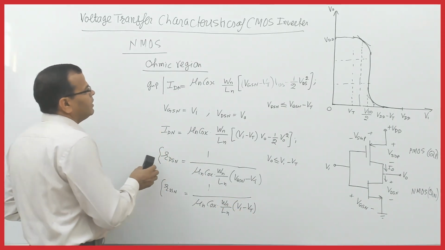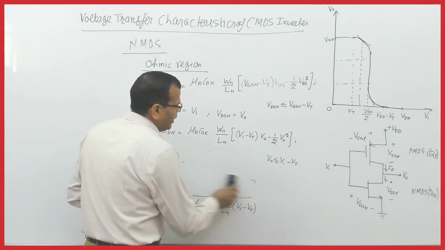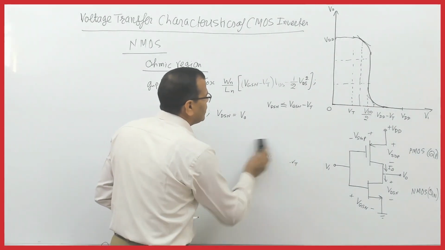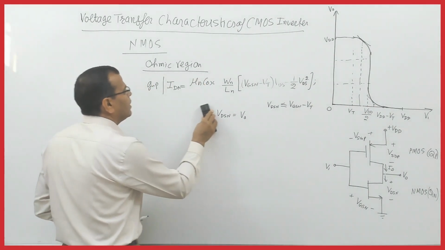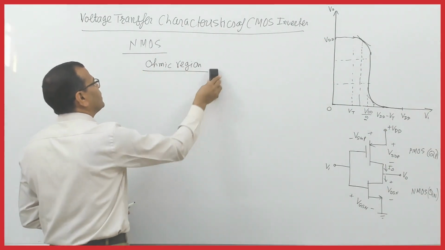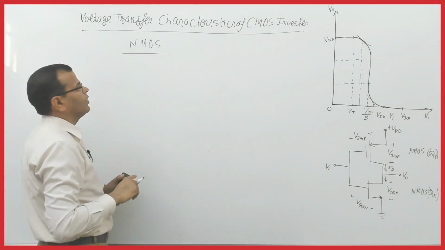Now, let us see the saturation region. In case of saturation region of operation, the drain current is having a different expression. What is that expression? Let us see the expression. I am talking about NMOS only. Fine.